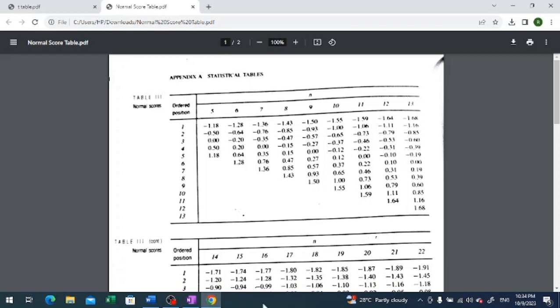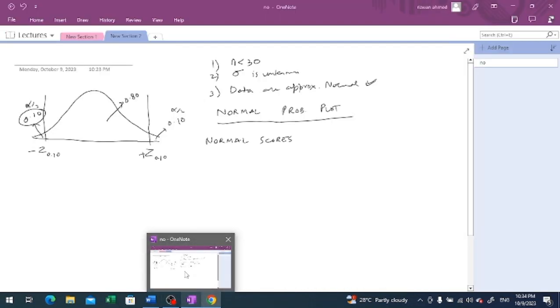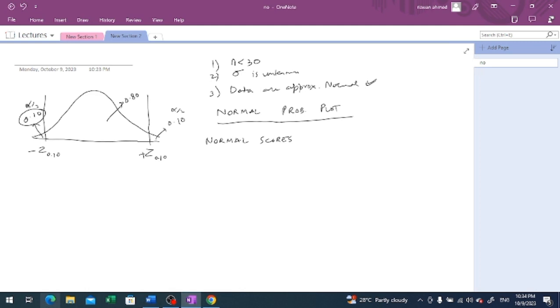Now, if you would like to establish a connection between our data values and the normal scores, drawing a graph or scatter diagram is the best way. When we draw a scatter diagram to observe a relationship between two variables, we can have three different possibilities.